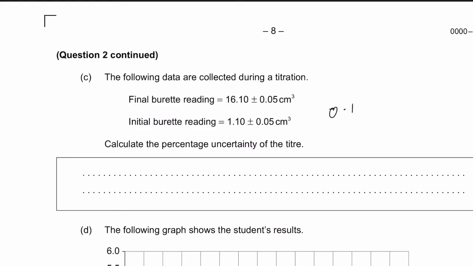The actual volume of the titer is the final minus initial, which is going to be 15 centimeters cubed, with an uncertainty of 0.1 centimeters cubed. For percentage uncertainty, we put our combined uncertainty over our measured value, times 100, which gives us roughly 0.7.